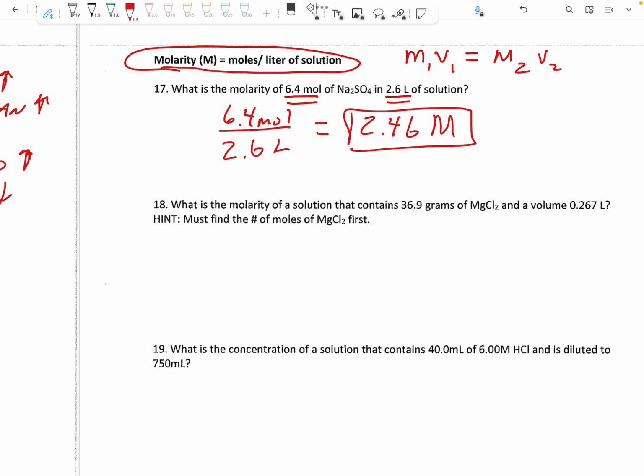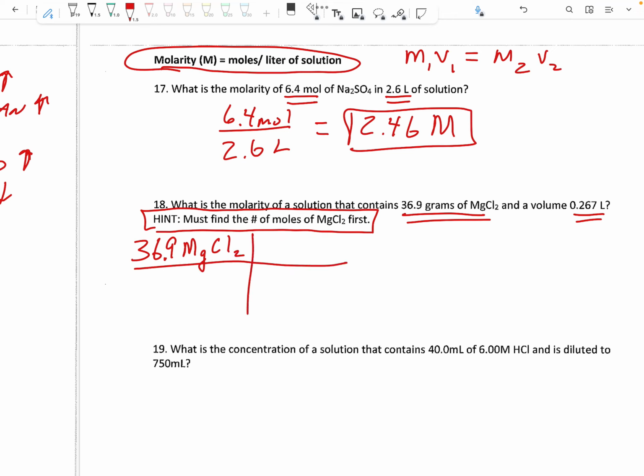Simply a division problem. Now, number 18, you were not given the number of moles of magnesium chloride. You were given the volume in liters, and that's okay. And it does say you have to find the number of moles of MgCl2 first. So I'm going to set the problem up for you. You have your mass in grams of your magnesium chloride.